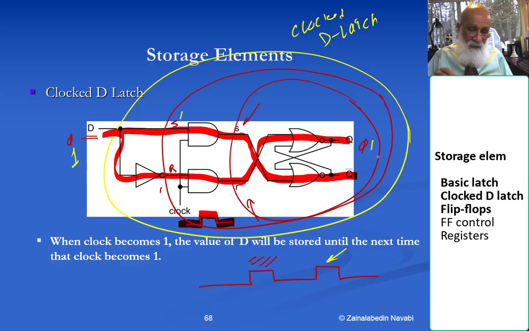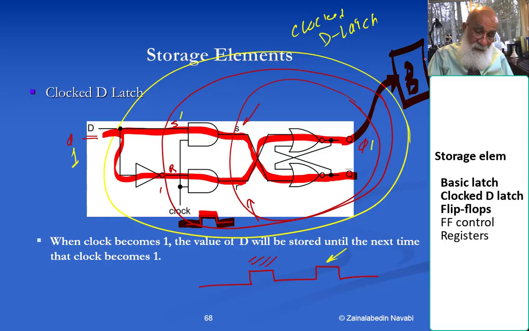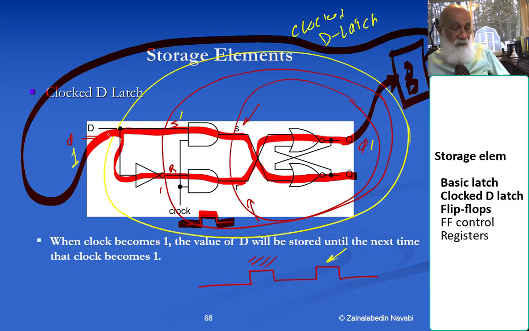Well, the problem with what I just did is, if ever I have some combinational logic and this output goes into this combinational logic, let's say a series of AND gates and OR gates, if I ever take this output and bring it back to the input of this latch, during the time that the clock is 1, I will have a combinational loop.